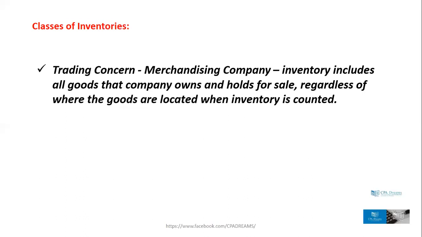For example, if you trade items in the market, like a can of tuna that you bought from the wholesaler and sell directly, you are trading. You are not the one manufacturing.